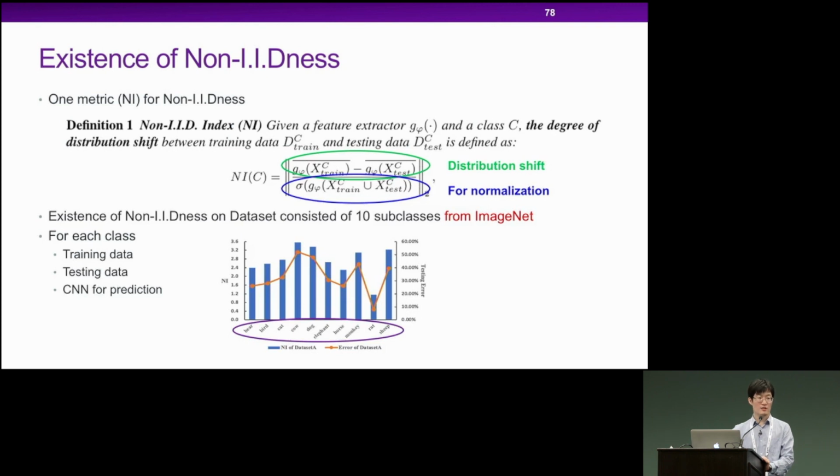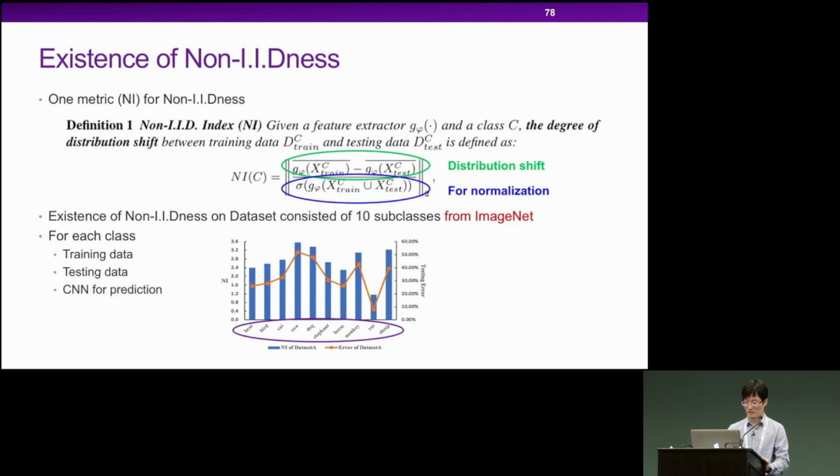So you will see that the error rate is strongly correlated with the NI. That means that in categories with a high degree of non-IID, the existing models cannot work very well, right?